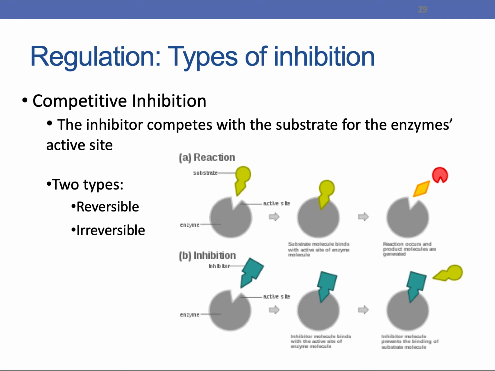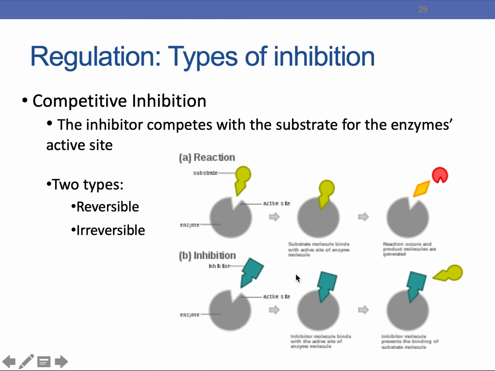You have the reversible and the irreversible. So typically, for a regular reaction without any inhibitors, you have an enzyme, you have a substrate, that's the active site, it attaches to it, it forms an enzyme substrate complex, and then a product is produced as a result.